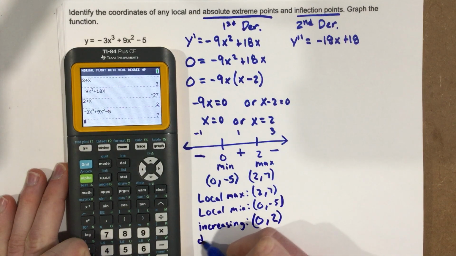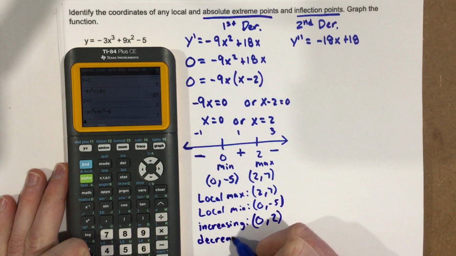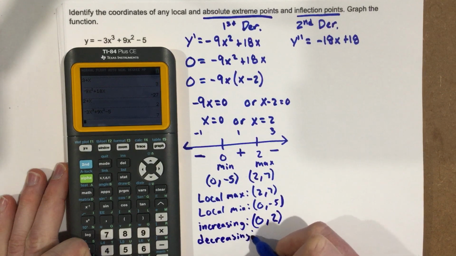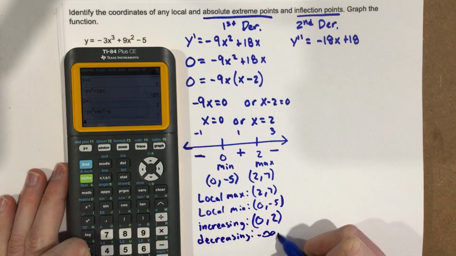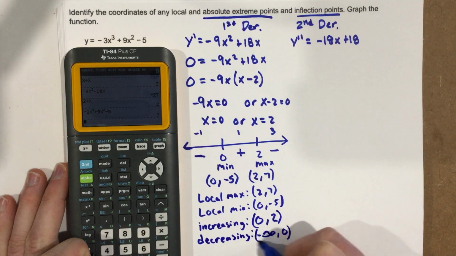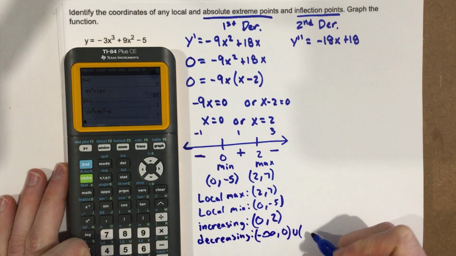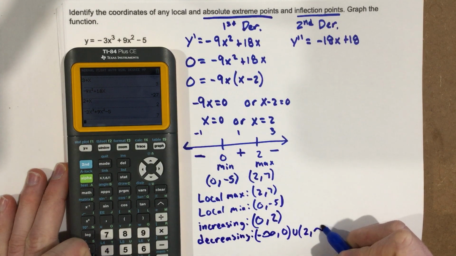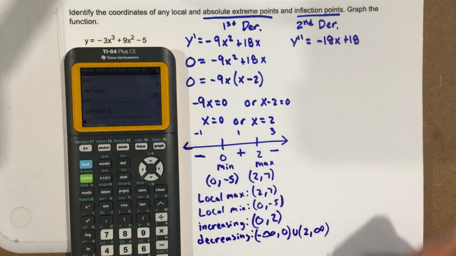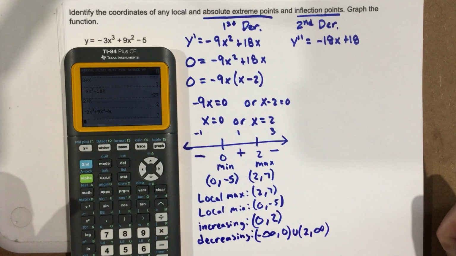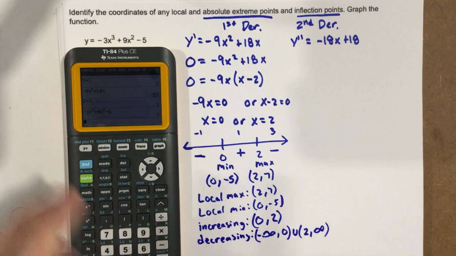Where's it decreasing? Well, it's decreasing from negative infinity to 0, union 2 to infinity. All right, it's decreasing at the end behavior. Okay, so now we know everything about the extreme points.